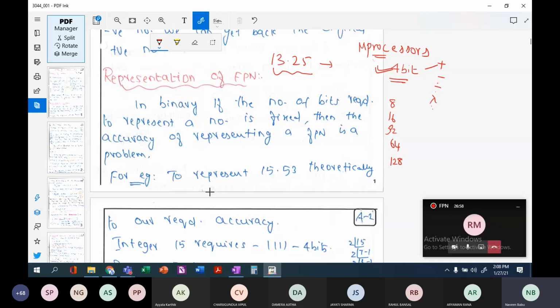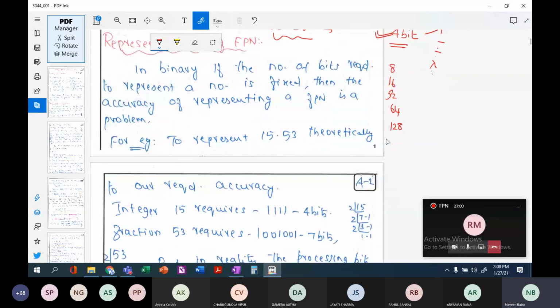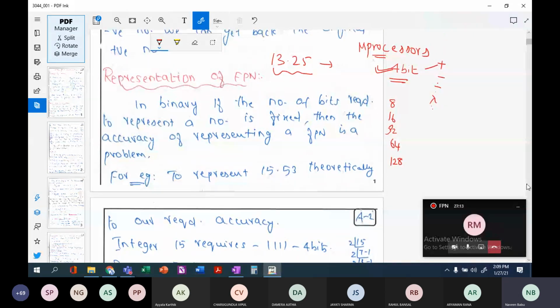So let us move on as per the theory that is written here. In binary, if the number of bits required to represent a number is fixed, then the accuracy of representing a floating point number is a problem. What does it mean? It means that if I am using 4-bit representation to represent 13, and I need to represent 13.75, then still I have to use these 4 bits only.